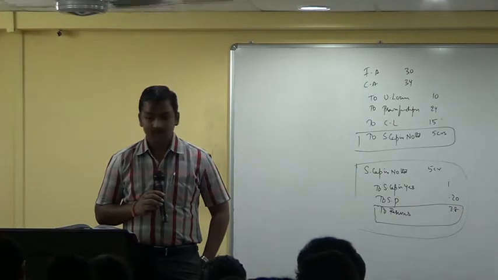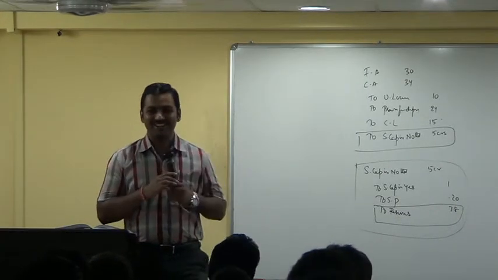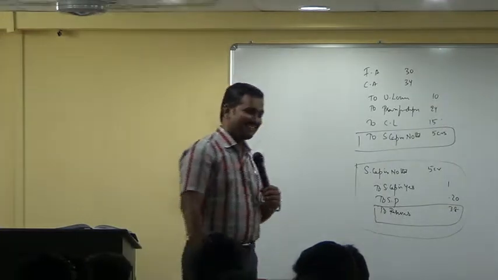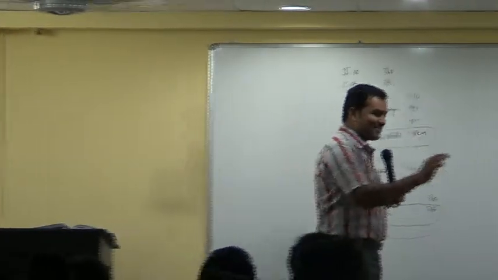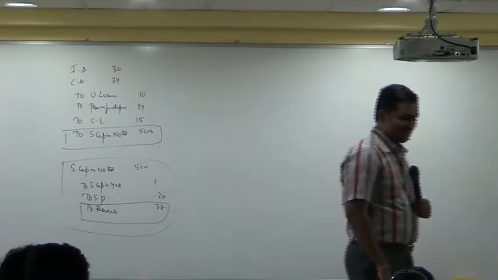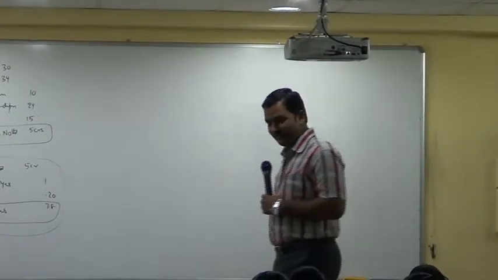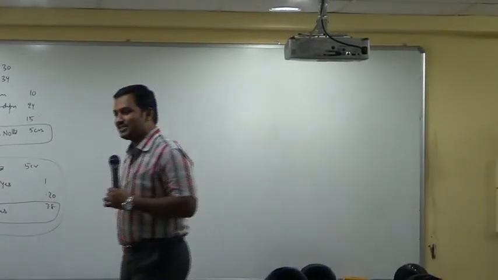What happened? Sorry, my mind is on the first entry only. Write down, no, write down. Business purchase account debtor to liquidator of V Limited 1150.